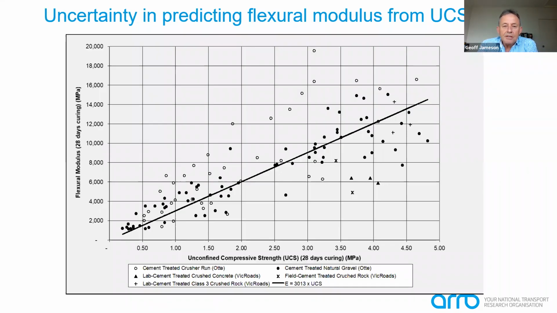But there is uncertainty in predicting the flexural modulus from the UCS. Of course, UCS is a measure of the strength of the material in compression, whereas what we actually need is a modulus in flexure. So they are different properties, and there's not a one-to-one correspondence between them. So there is uncertainty in predicting the flexural modulus from UCS, but it is a common method that's used.